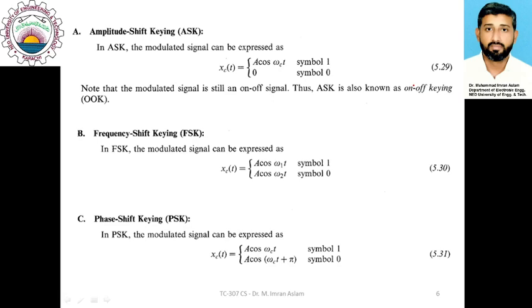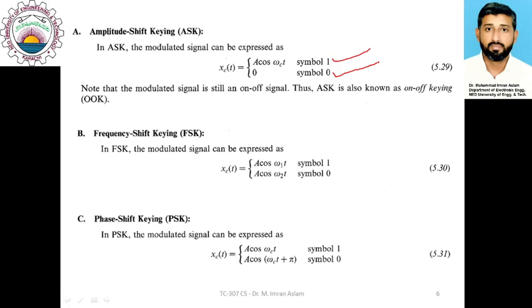It is worth mentioning that we are talking about binary communication in this particular example. I have chosen the example where there are only two levels, one for binary 0 and one for binary 1. However, these shift keyings can be used for M-ary signaling as well.